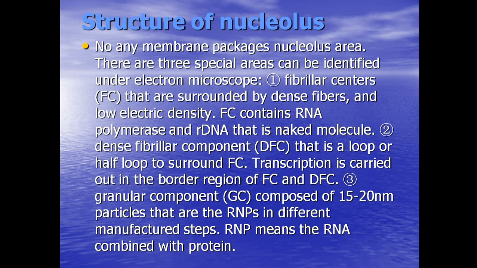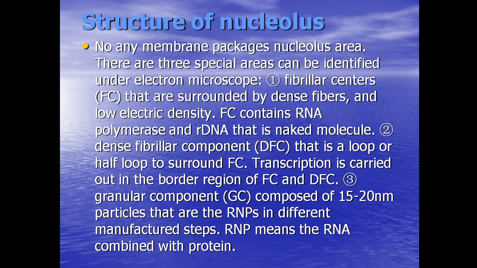The third one is the granular component. This granular component, in short called GC, is composed of 15 to 20 nm particles that are RNPs in different manufacturing steps.